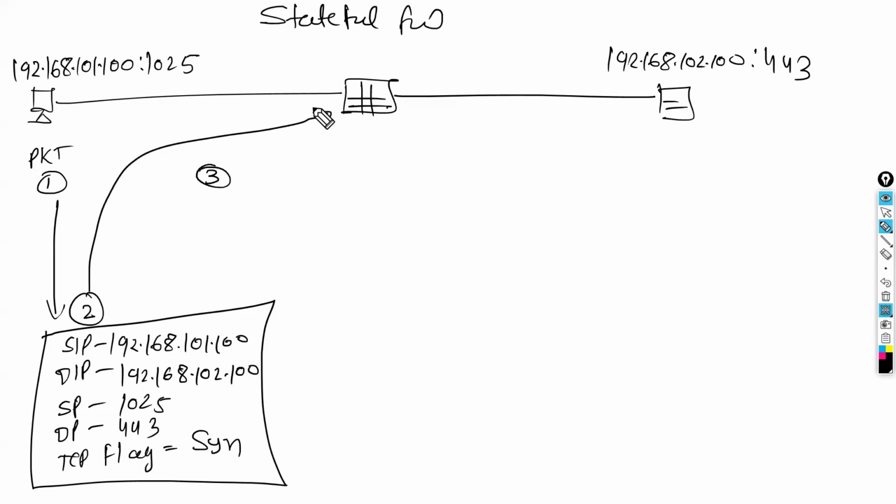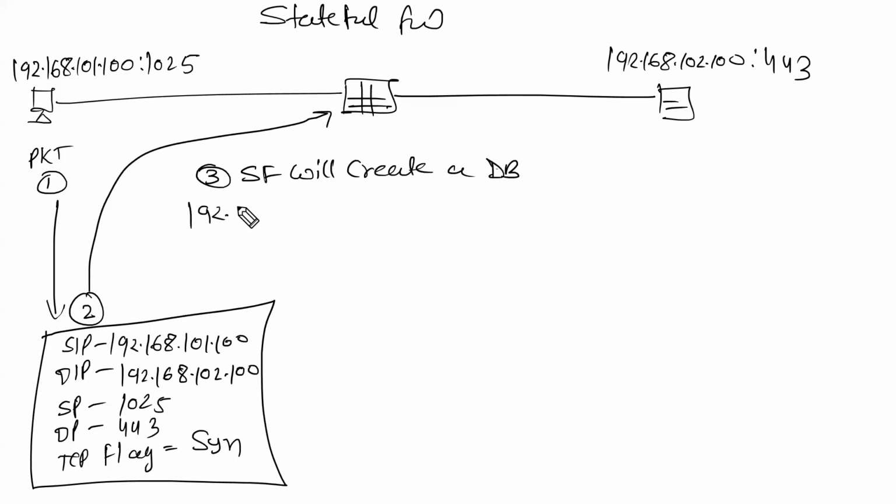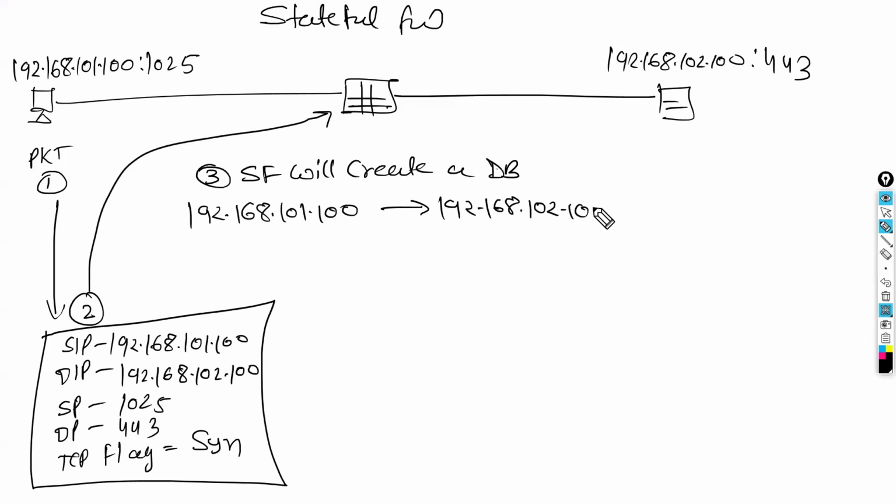In the third step, the stateful firewall will create a database. Like who is coming? 192.168.101.100 is coming. It is going to 102.100.